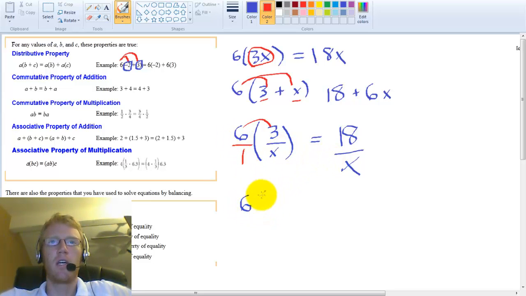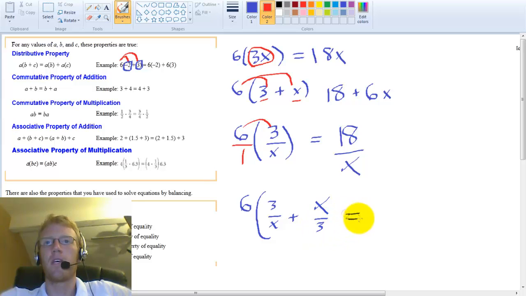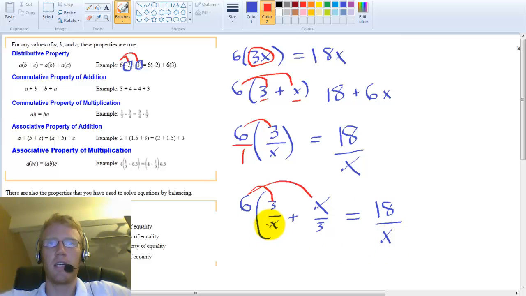What if you have 6 into 3 over x plus, I don't know, x over 3, something crazy, right? Now you're going to distribute this in here, and you're going to distribute this in here, but when you distribute it in, the 6 is only multiplying the numerator. So in the first one, the 6 is multiplying by the 3, which will give you 18 over x. Again, this x in the denominator stays in the denominator. Okay, plus, because of the plus sign. Now you can distribute the 6 over here to this x. 6 times x is 6x.